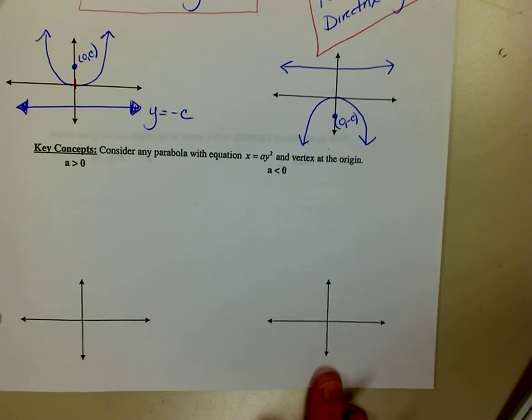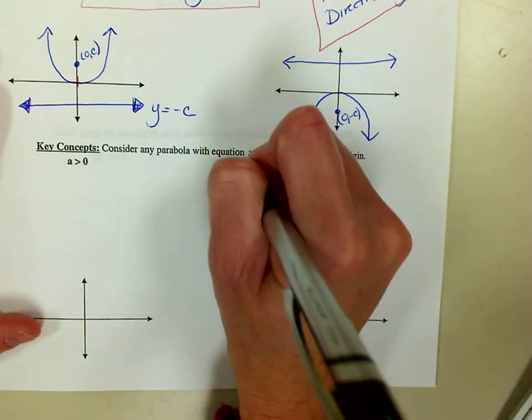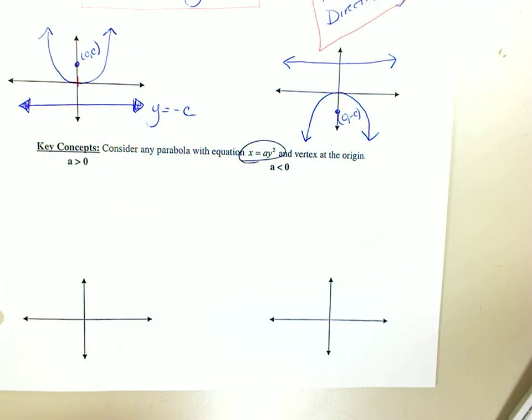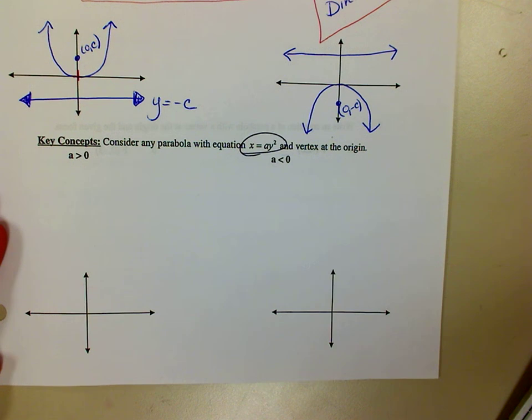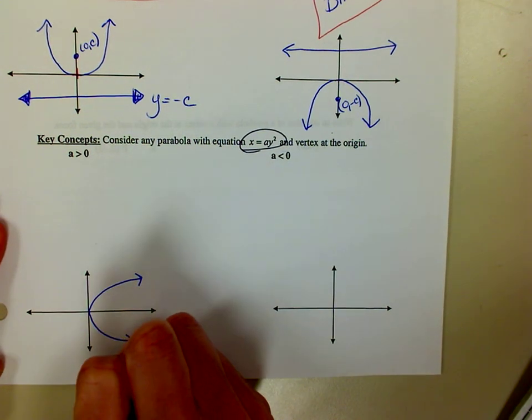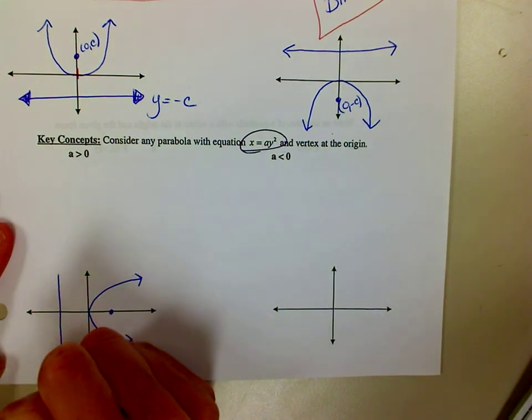Okay, let's move on to the ones where it says x equals. Okay, so if it's x equals, it's going to be sideways. The focus is always on the inside, and the directrix is always on the outside.